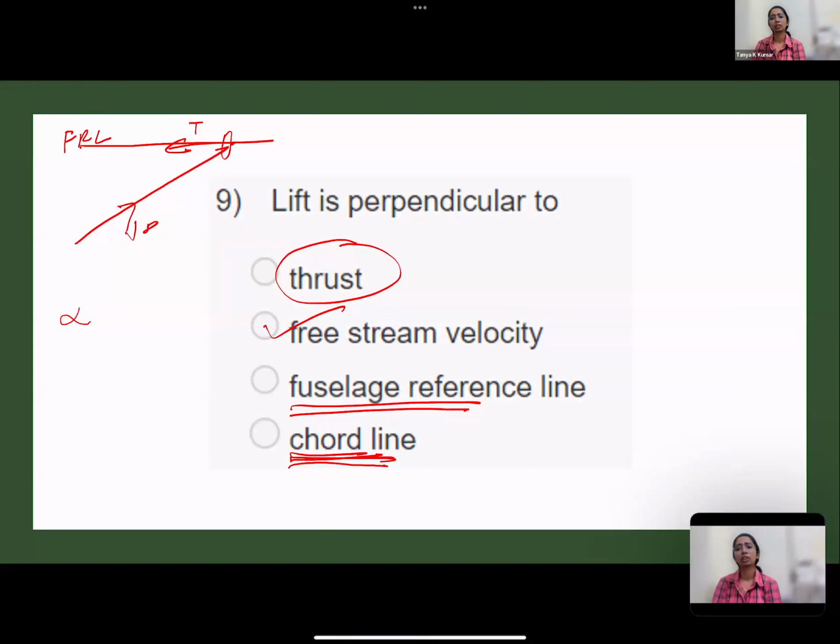Chord line with respect to horizontal. What is horizontal? What do you mean by horizontal?